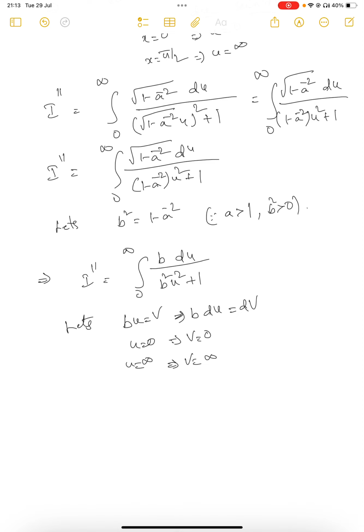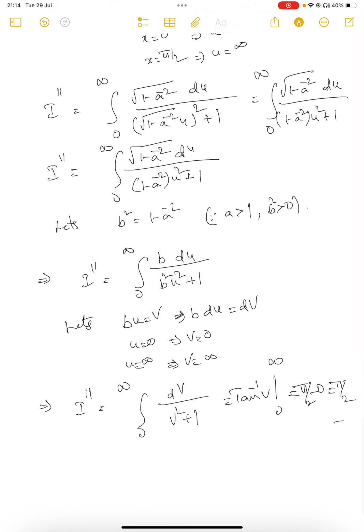That means integral limits are not going to change, which will be I double dash equal to integral 0 to infinity b du is dv, by v square plus 1, which is nothing but dv by v square plus 1, right? It will be tan inverse v, which is 0 to infinity, which is nothing but pi by 2 minus 0 equal to pi by 2.